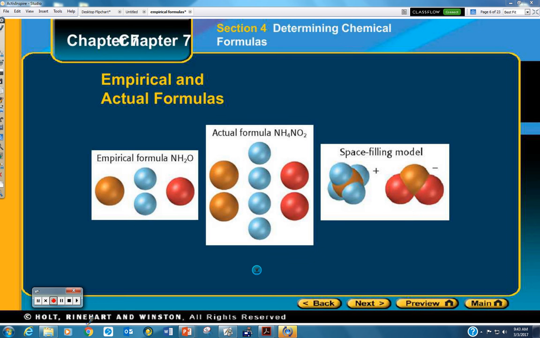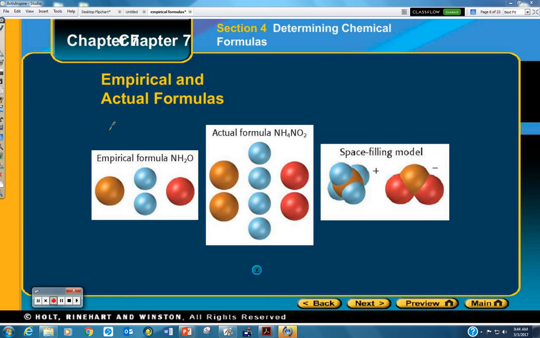Sometimes the empirical formula is the molecular formula, but most of the time a molecular formula is the real formula, and the empirical formula is just the simplest form of it. We can always solve for empirical, and then we have to determine molecular from the empirical. So it's a multi-step process. Today we're going to be mainly focusing on getting empirical.